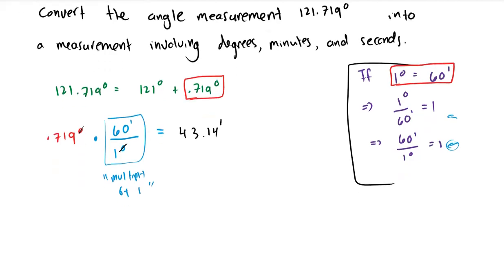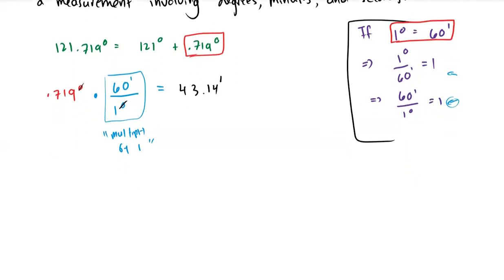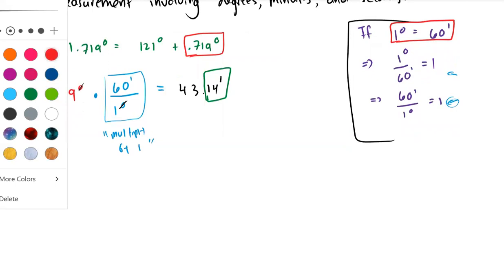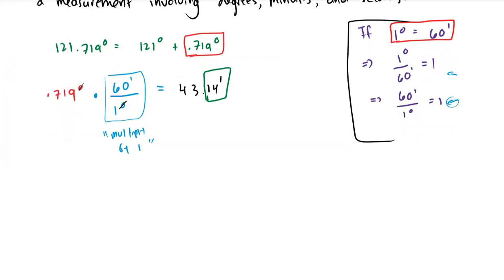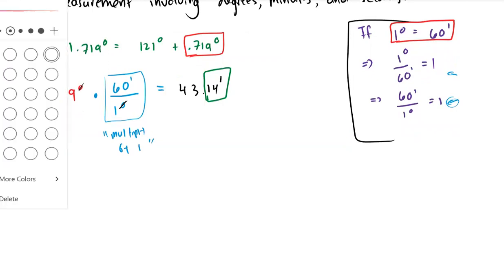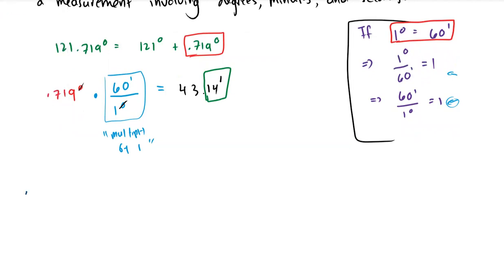Now we're going to do the same process again. We're going to separate the decimal part and the whole part of the minutes. So we're going to focus on the decimal part, and we're going to convert that to seconds. So let me do this in a different color, let's use dark blue. Now 0.14 minutes, and we want to convert this into seconds.